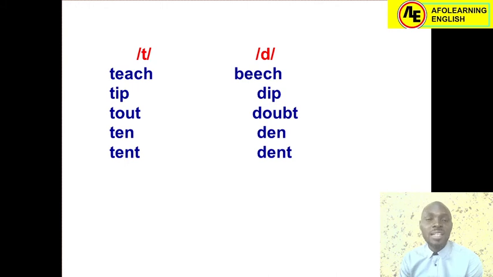And finally, let's take a look at words that are almost pronounced the same, but differ only based on the voiceless and the voiced consonants. So let's take a look at the following words. We have teach, beach, tip, dip, tout, doubt, ten, den, tent, dent.